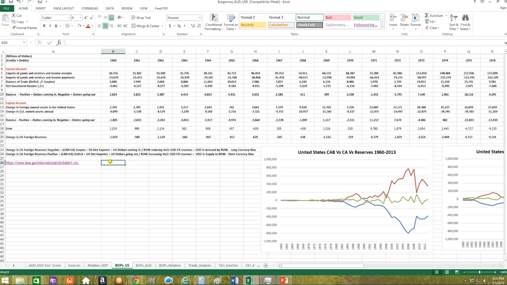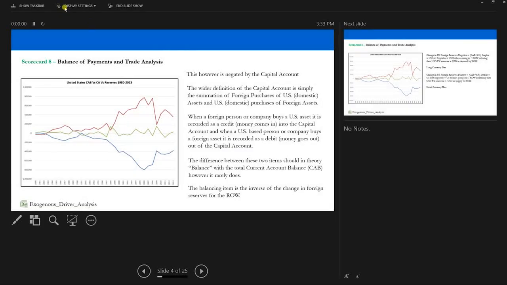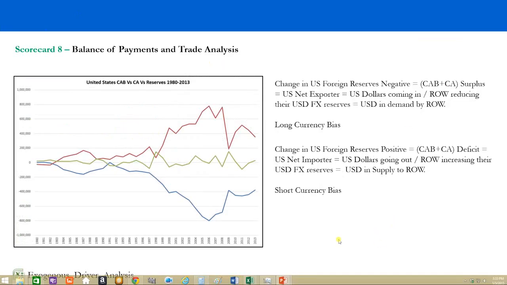So if we go back over to the presentation, let's just put all this together. The change in US foreign reserves being negative means that the US is running a surplus.